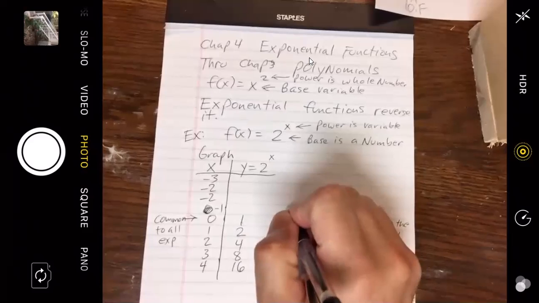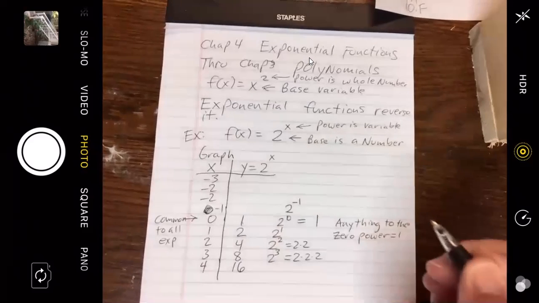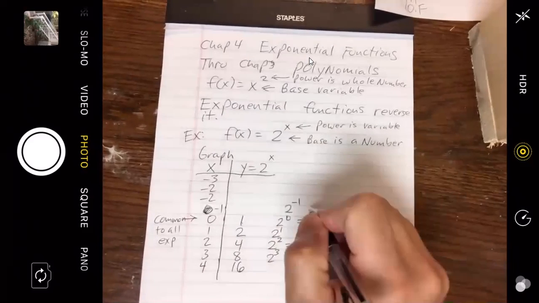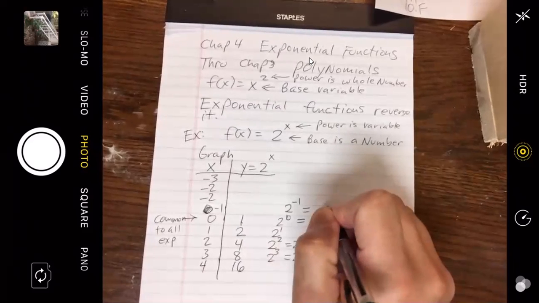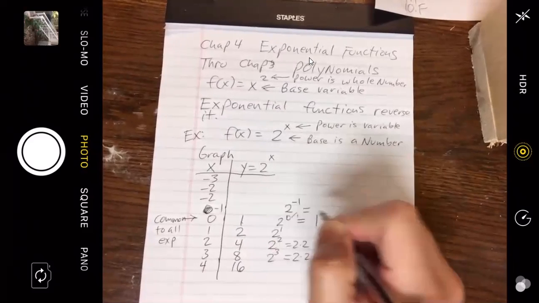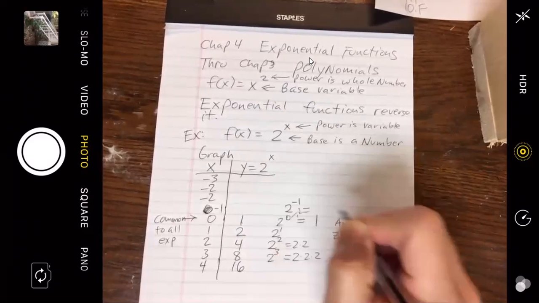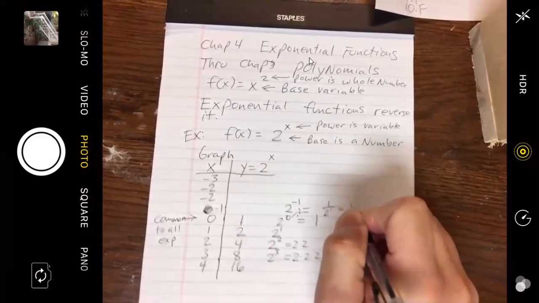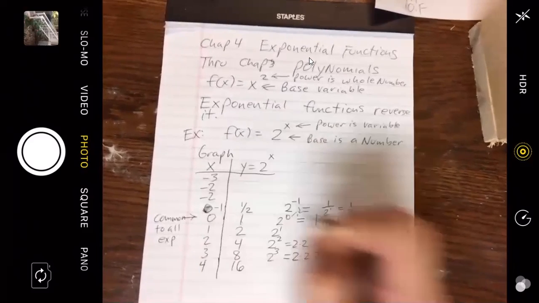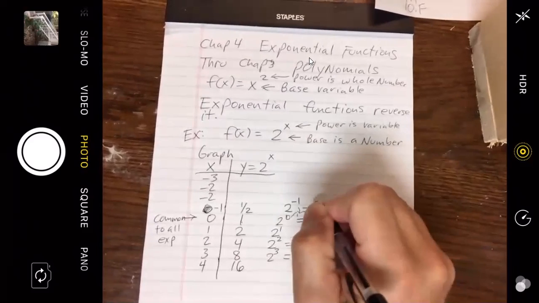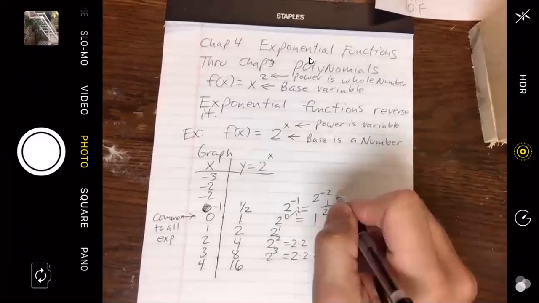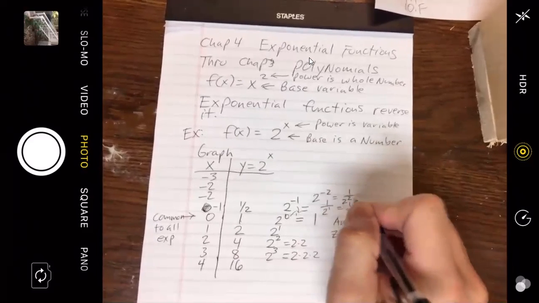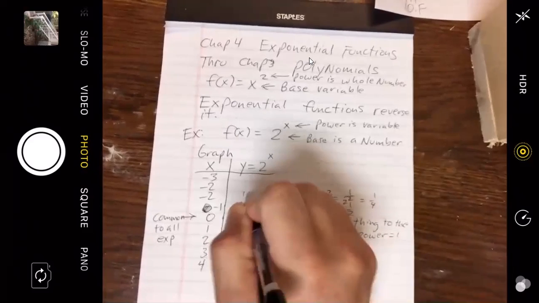Now, -1, you have to remember how your fractions work. You can go 1 over, switch it down, and you get 1 over 2 to the 1, which is 1/2. 2 to the minus 2 would be 1/2 squared, 1/4.